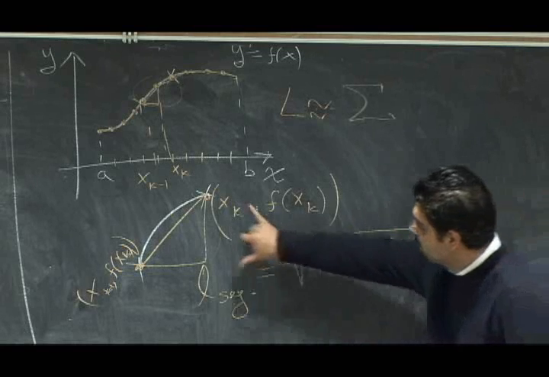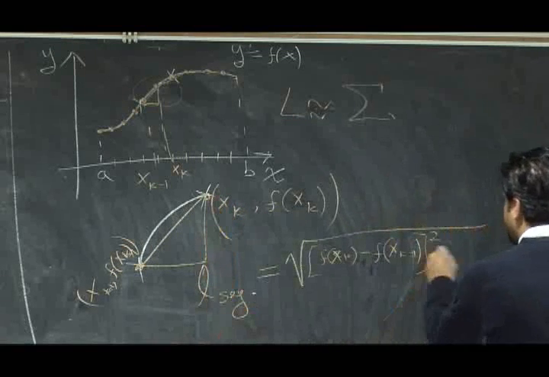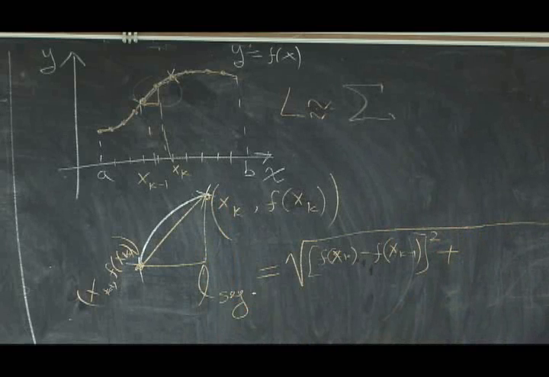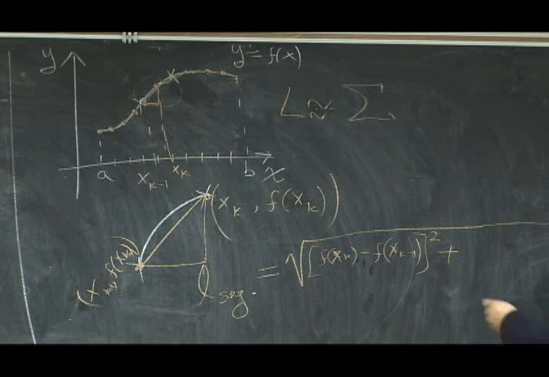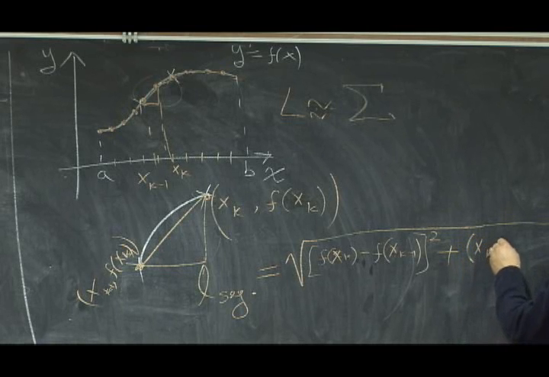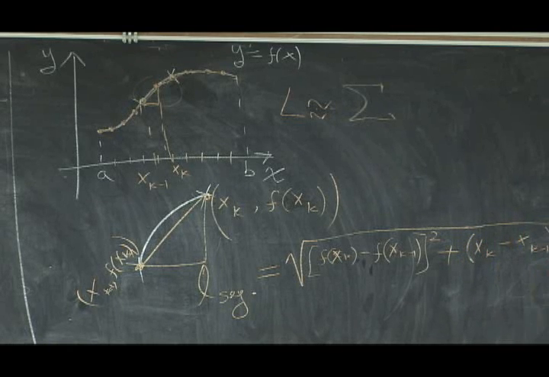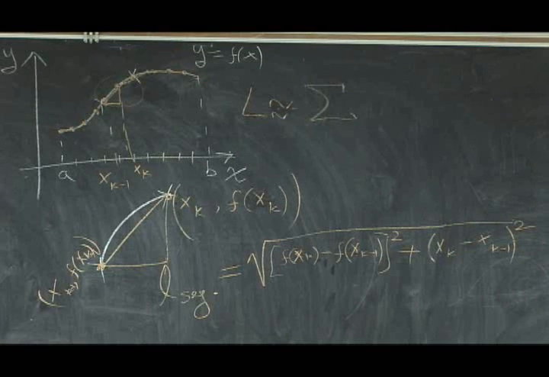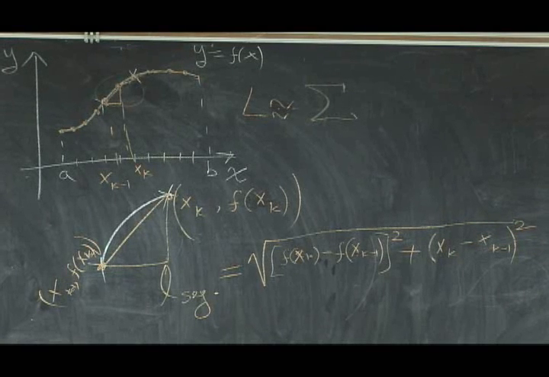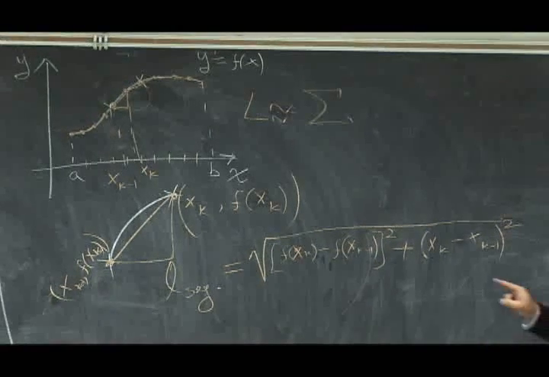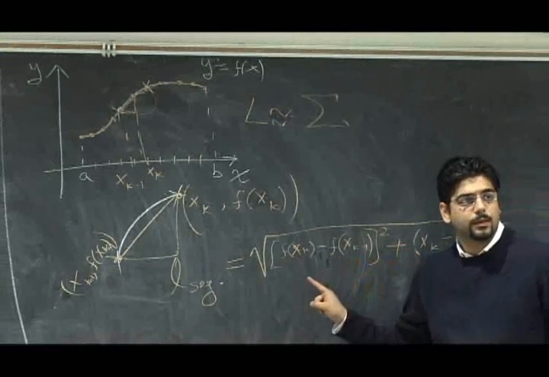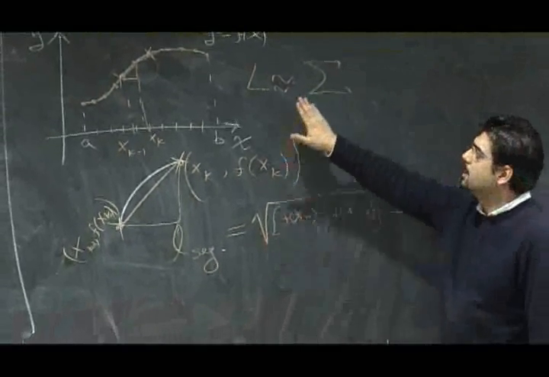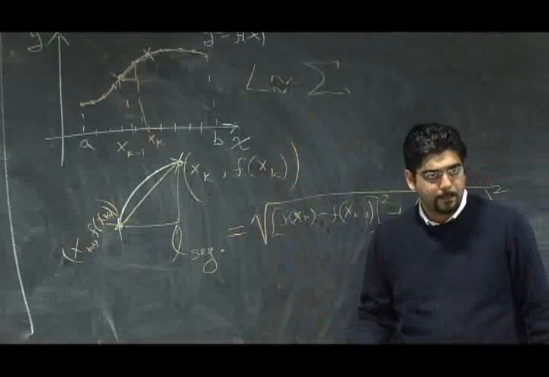That's the vertical length squared, plus the horizontal length squared, so x sub k minus x sub k minus 1, squared. That would be the length of one segment, and this is the kth segment. If I do this for all the segments, then I'll get an approximation for the arc length.